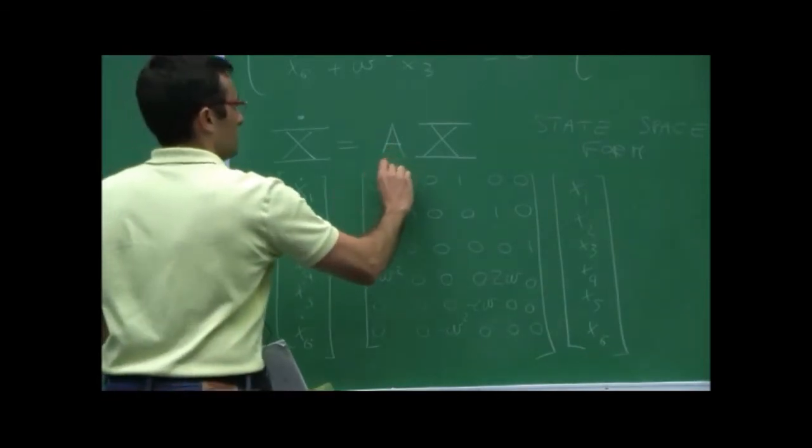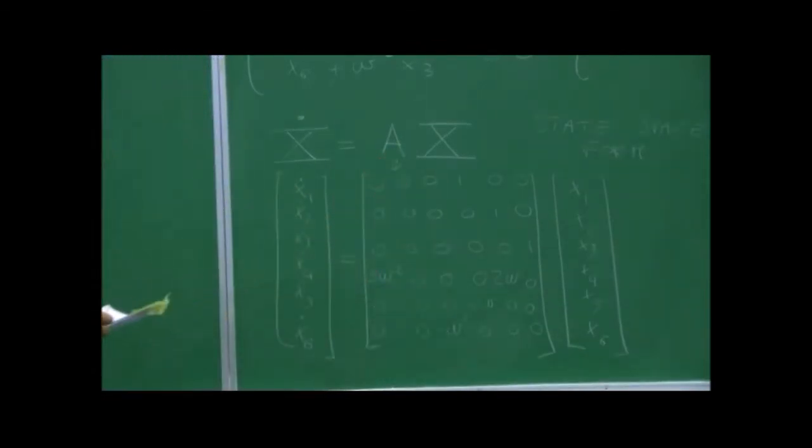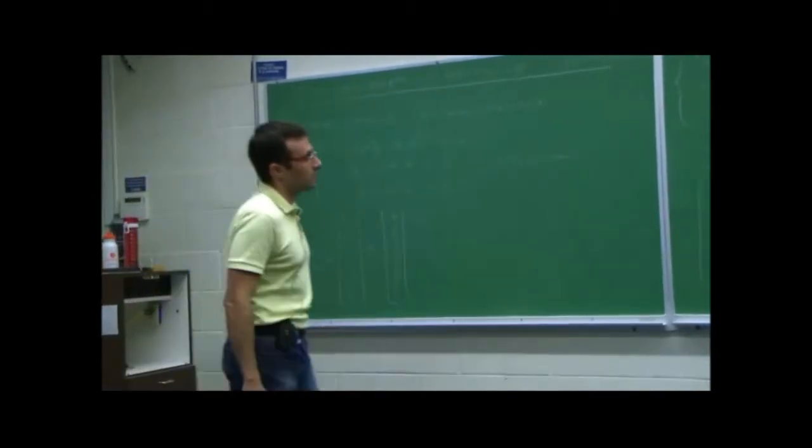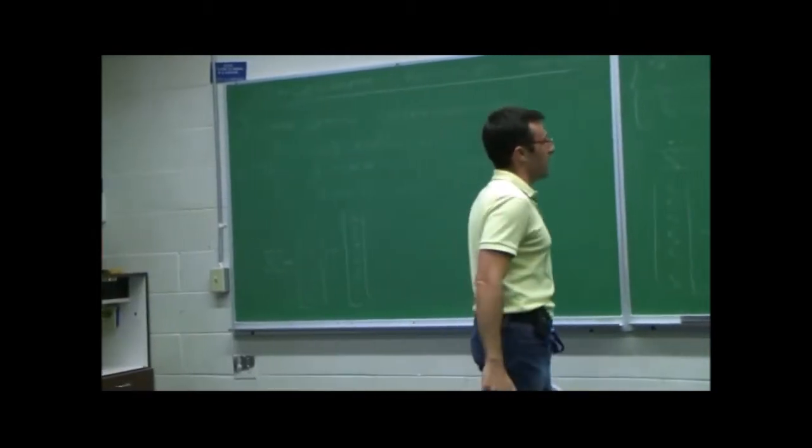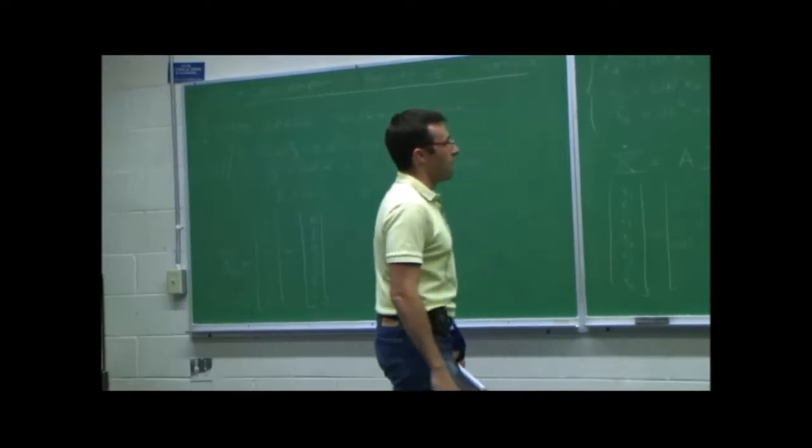And that's your matrix A. Okay, so I have basically manipulated that system so that it looks like x dot equals Ax, where now x is a vector and A is a matrix.